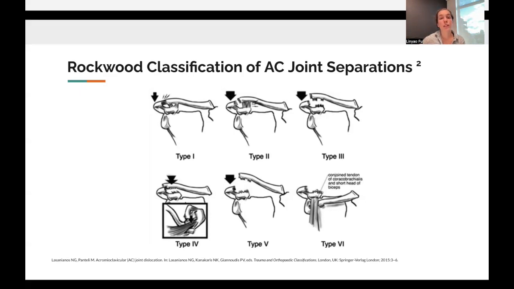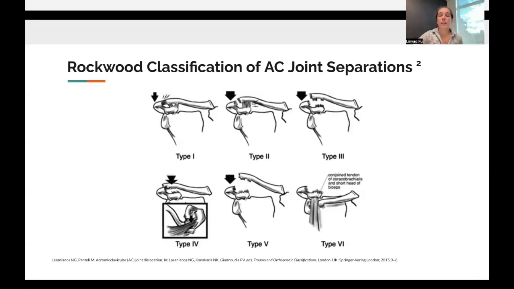Type 2 is a full separation of the AC joint, but the CC joint is still intact. The type 3, which is what we're focusing on today, is a complete disruption of the AC joint and the CC joint with a slight superior translation of the lateral clavicle.